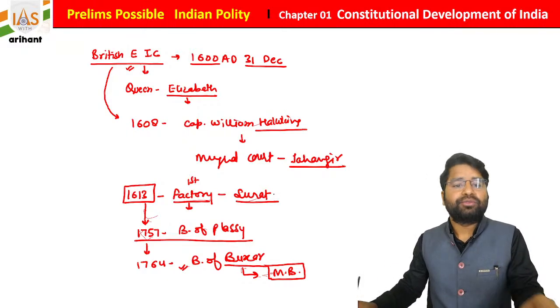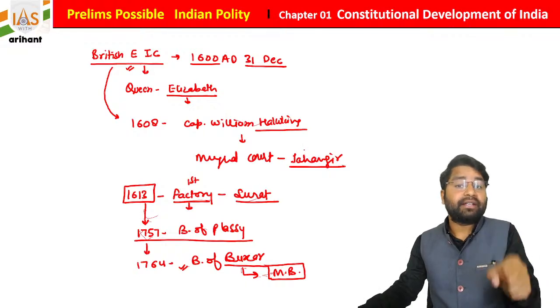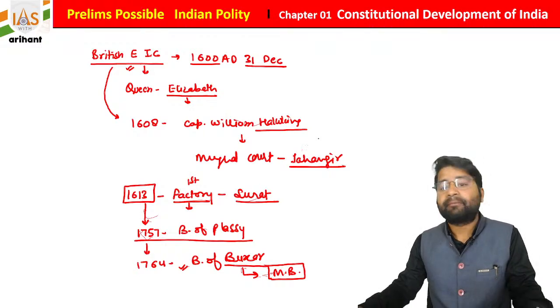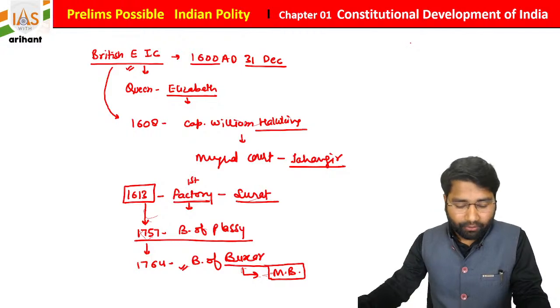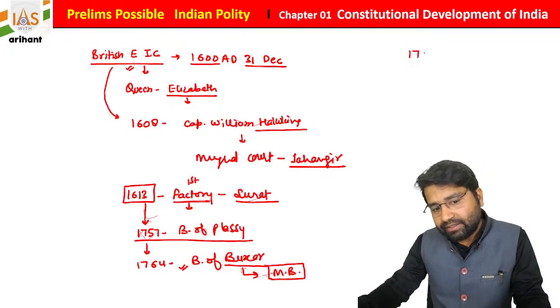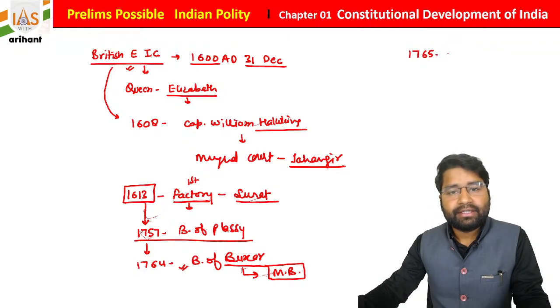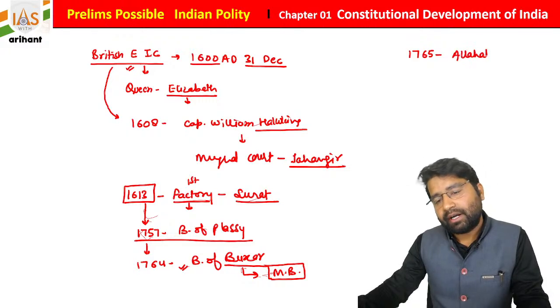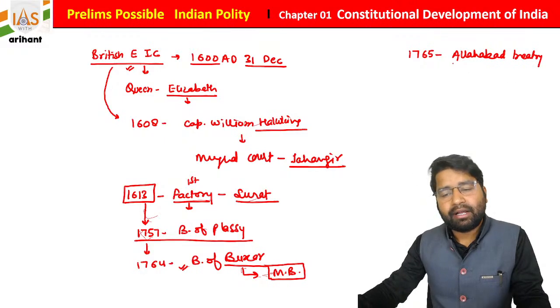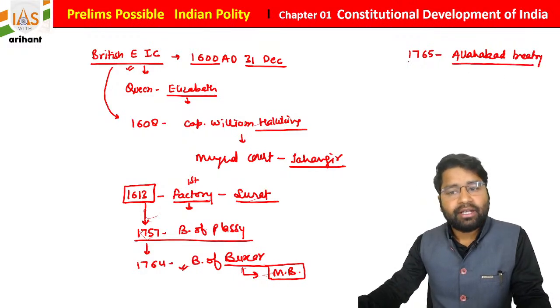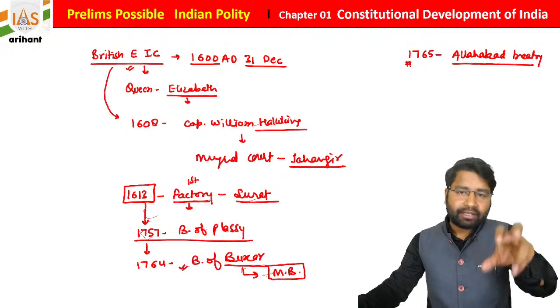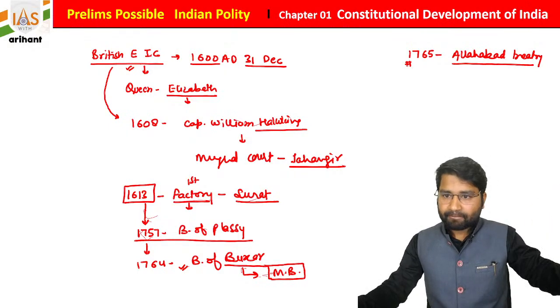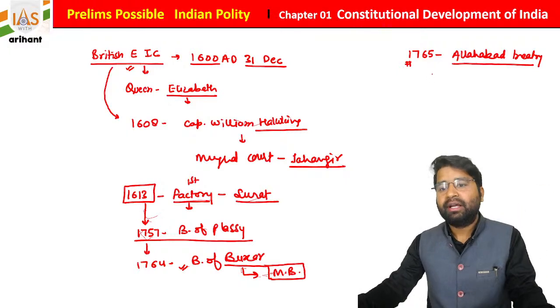After that, students, the Britishers realized their power. The British East India Company realized their power, and in 1765 there was a treaty called the Allahabad Treaty. Allahabad is now called Prayagraj. In the Allahabad Treaty, they were now going to control the Mughal Badshah and get rights from him.